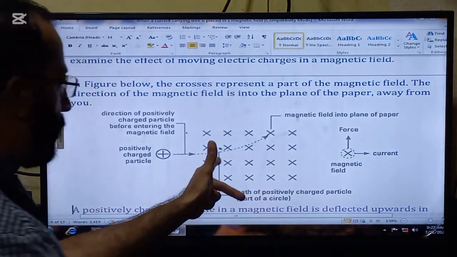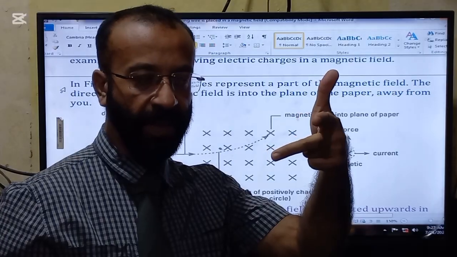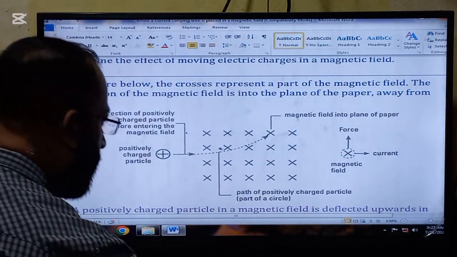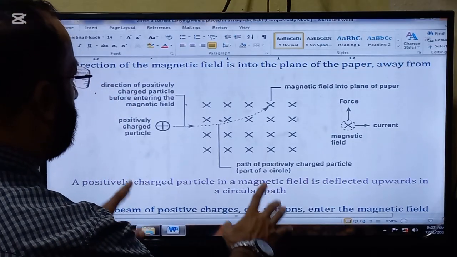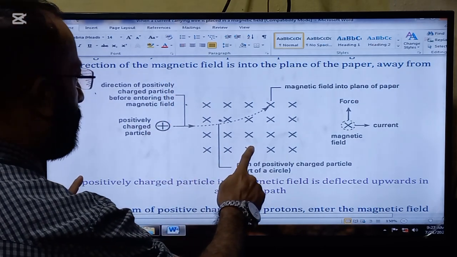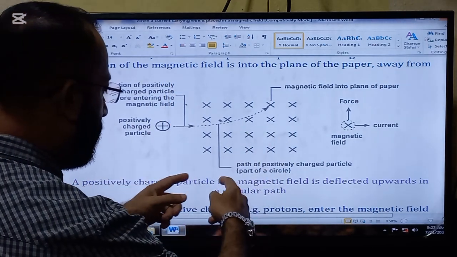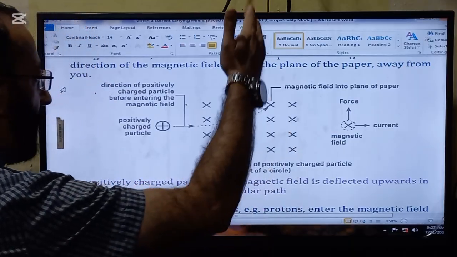A positively charged particle in a magnetic field is deflected upward in a circular path. This is the point to be noted, that when the magnetic field is away from you into the paper, the force acting on the positively charged particles will be in the upward direction.